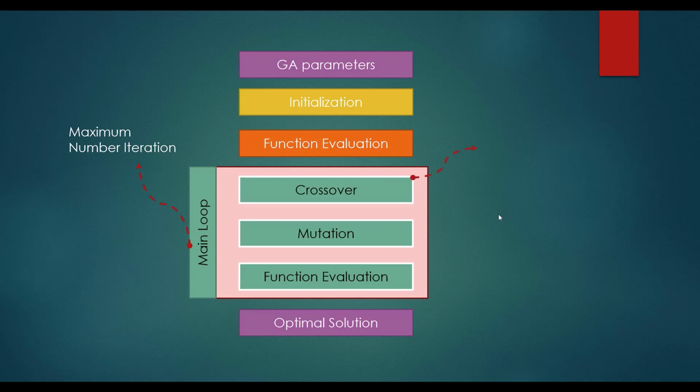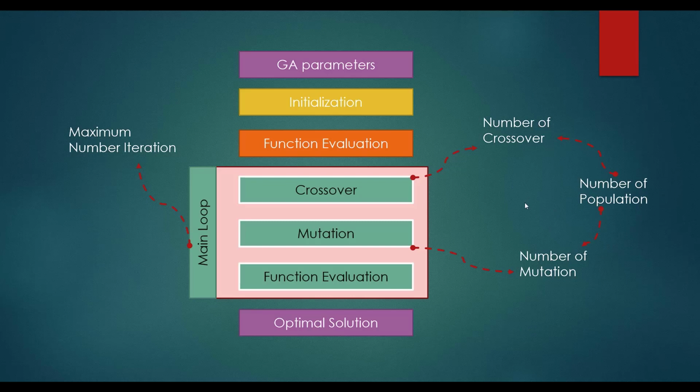For crossover we have to determine the number of crossovers, and this value is obtained based on the crossover probability and the number of populations. We also obtain the number of mutations based on the mutation probability. As I told you, these two parameters are obtained based on the number of populations.